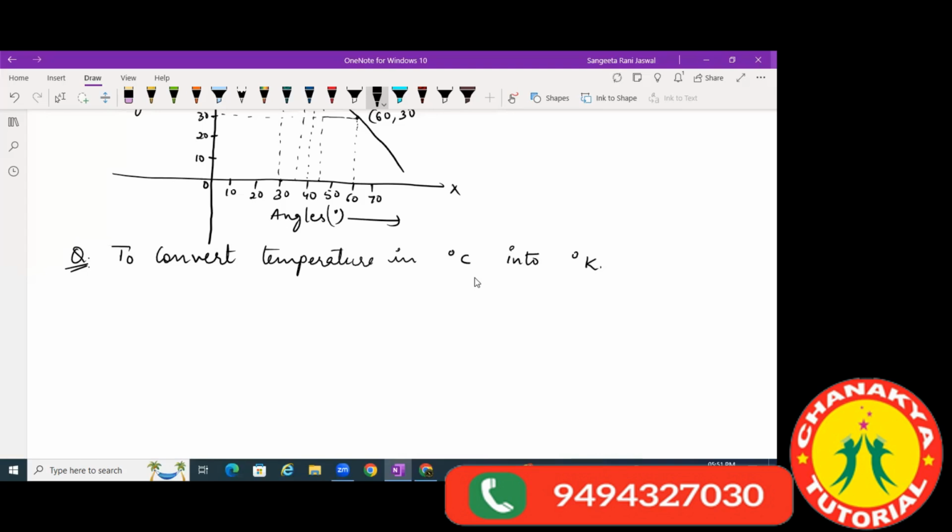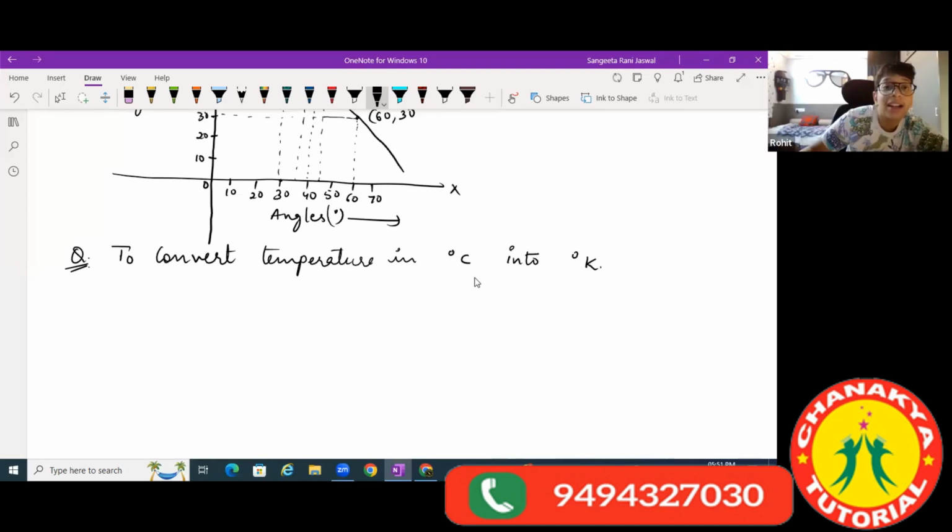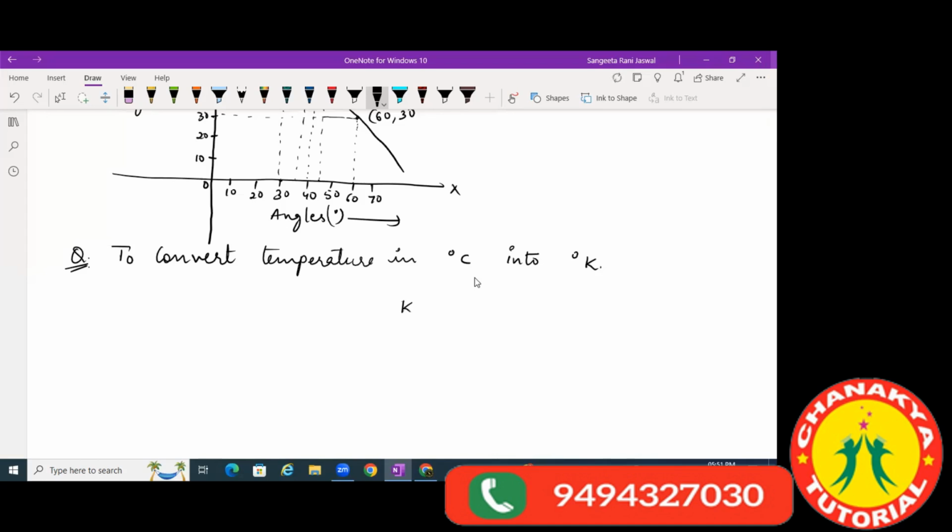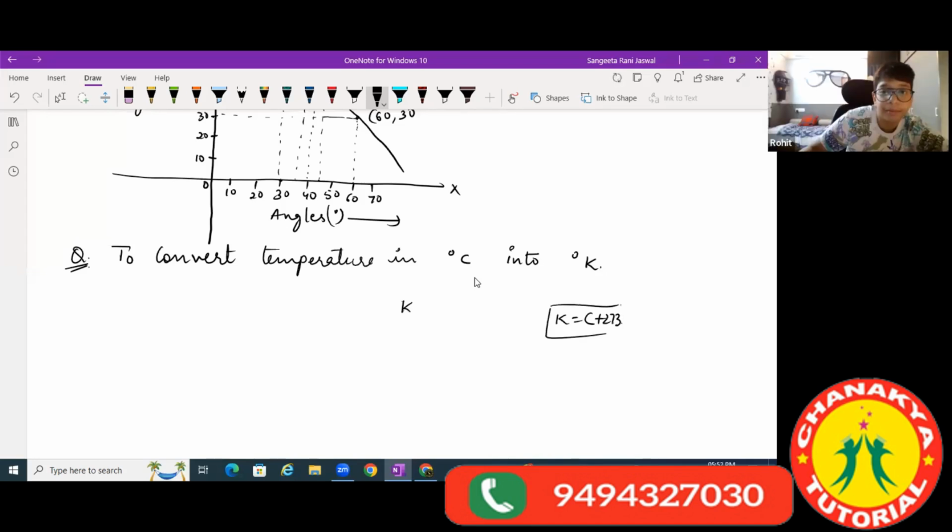From Celsius to Kelvin, what is the difference? We have studied in physics. Ma'am, we have to add 273 degrees, right? So I'm just writing here: Kelvin is equal to centigrade plus 273.